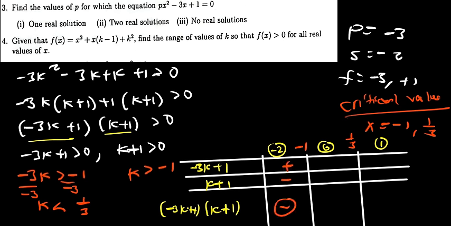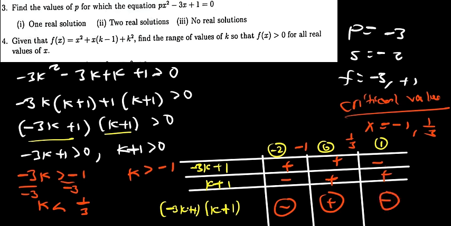If I put 0 there, I'm expecting my answer to be positive. Here positive, overall positive. If I put 1 where there's 1 over 3, I'm expecting my answer to be negative, because negative 3 times 1 is negative 3, plus 1 is negative 2. So here positive, overall negative.